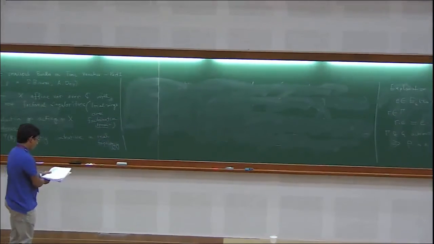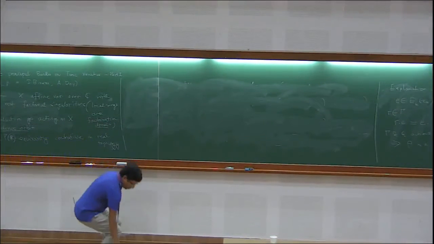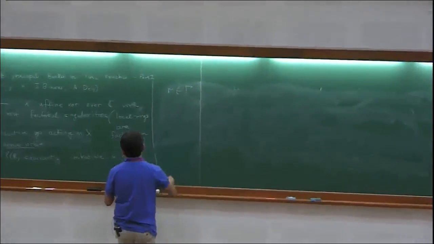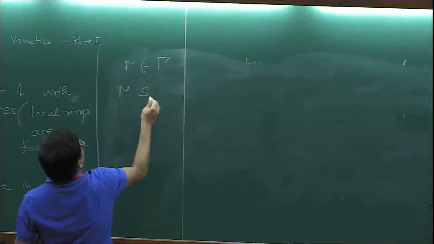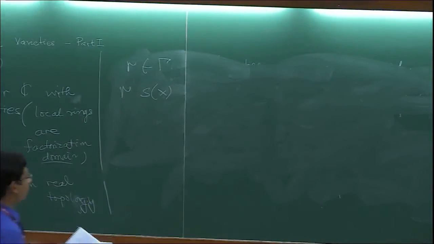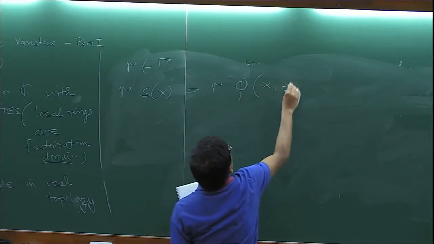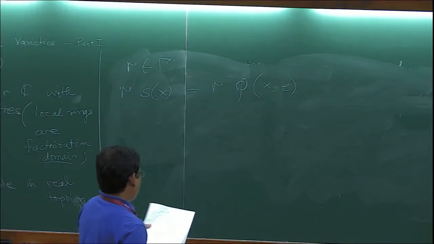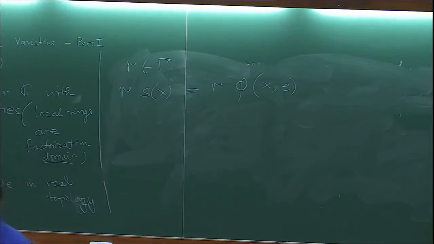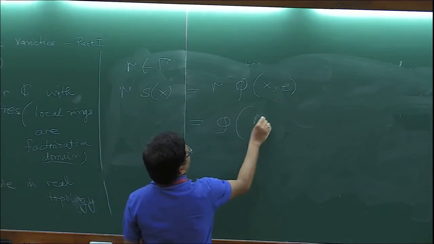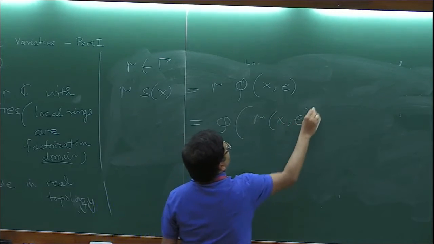So I'll pick any gamma in gamma, and I do a calculation: how gamma acts on S of x. This is gamma times phi of x comma e. Because phi is gamma equivariant, this becomes phi of gamma x comma e.